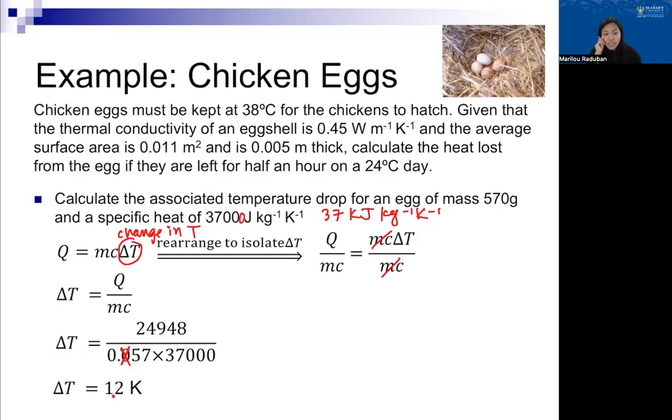So the change in temperature should be 1.2 Kelvin. Are we happy with this solution? Good. All right, cool.